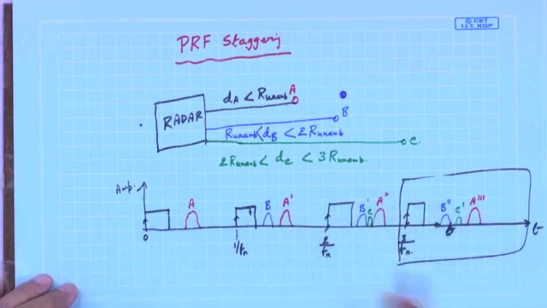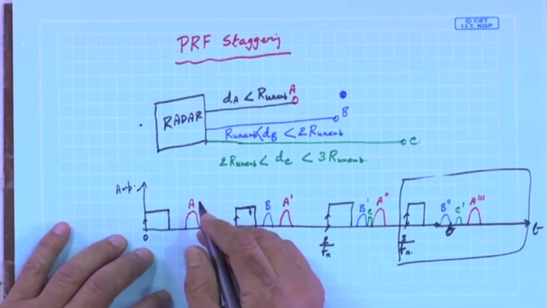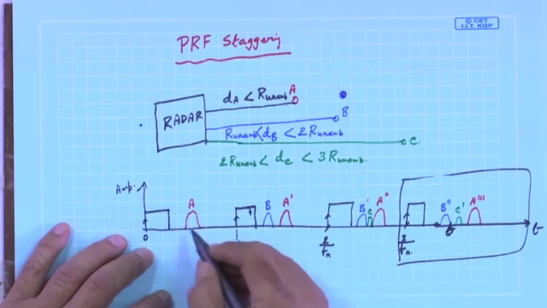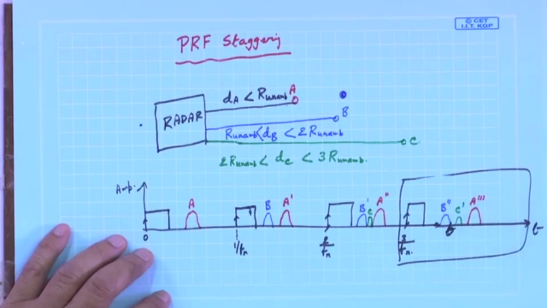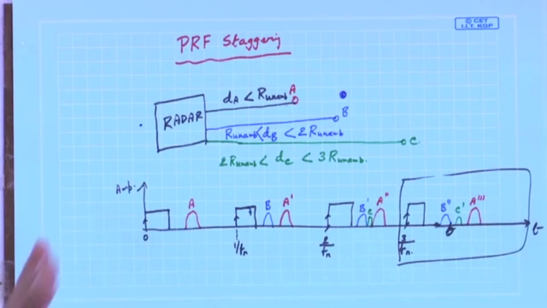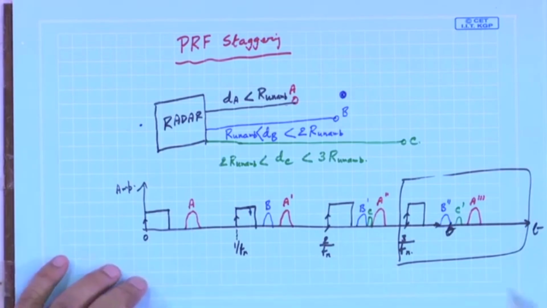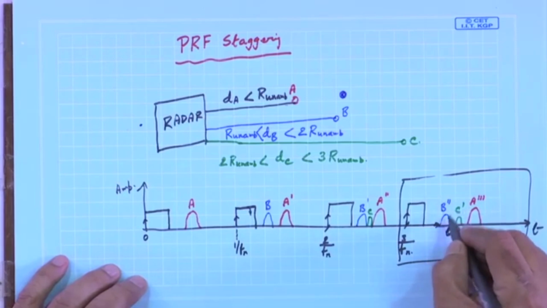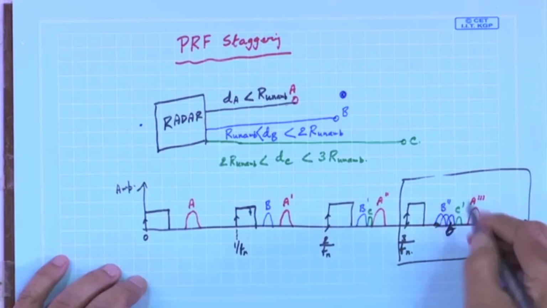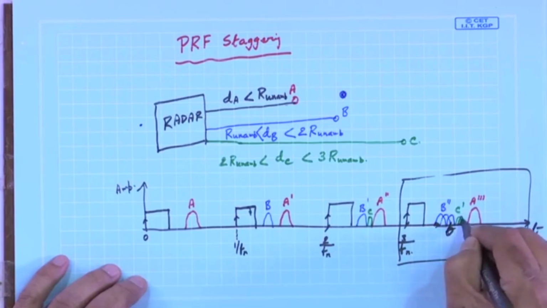Since A's measurement is correct, A will always be like this, but I am changing the PRF, so the next pulse I am giving at a different interval. The display will look something like this, and for B and C also it is something like this.